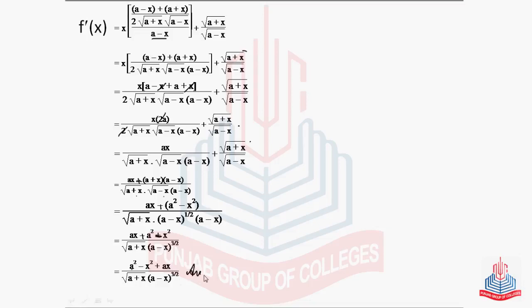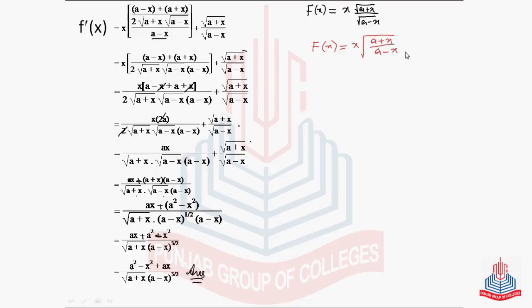Again, this question can be solved by using, like we have discussed in our earlier questions. The question was actually f of x equals square root (a plus x) divided by square root (a minus x). We can write it as f of x equals x times (a plus x) times (a minus x). And now we can simplify by our differentiation process.